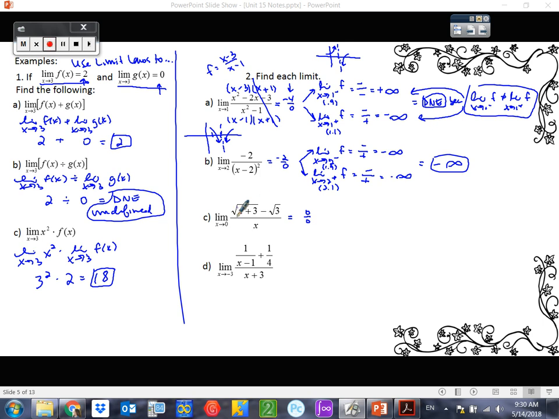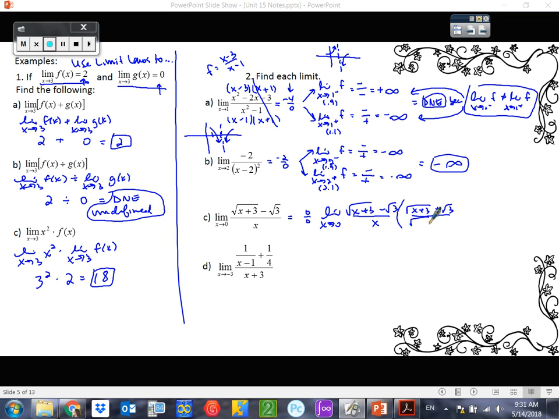So when we have something that looks like this, the best technique to try would be to multiply by the conjugate. That would really be the best thing to do. So we're going to rewrite the limit as x goes to 0 of root x plus 3 minus root 3 over x. Remember, the conjugate is the same as this, but the middle sign is different, so it'd be square root of x plus 3 plus root 3.